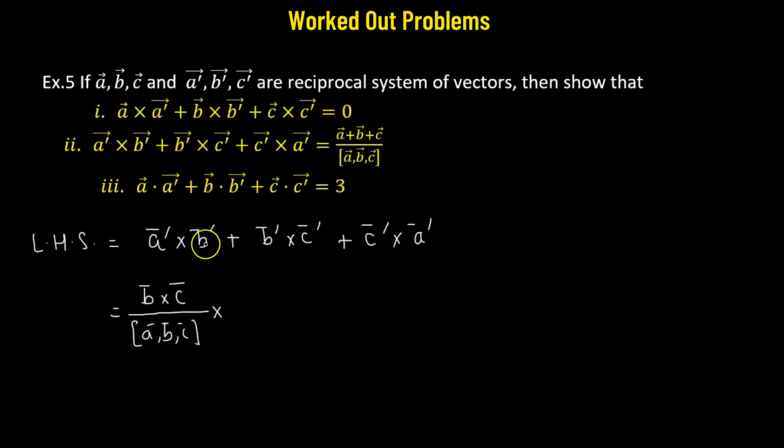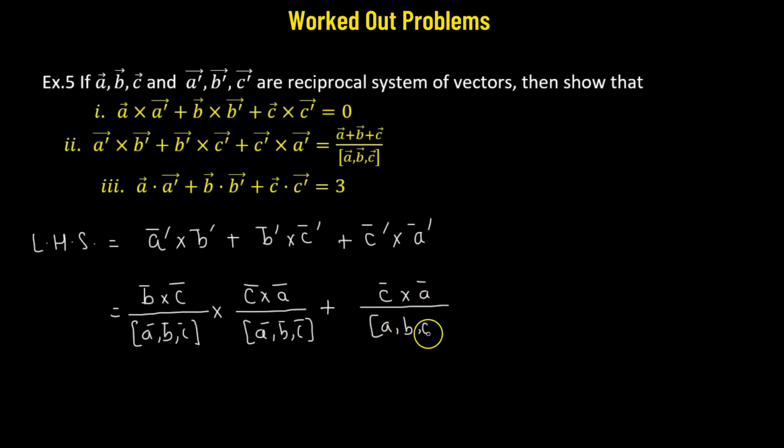This is crossed with vector B prime. So B prime is given by vector C cross vector A divided by [A, B, C], plus vector B prime. So our B prime is C cross A divided by [A, B, C]. This is crossed with vector C prime.